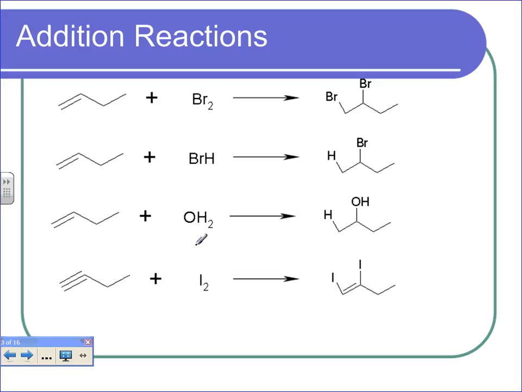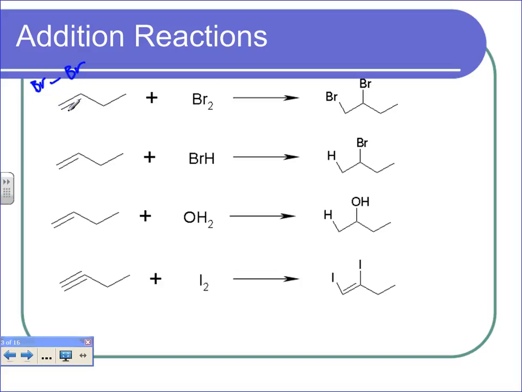So with these examples, in the first one, we've got an alkene, and we're adding bromine to this alkene. So bromine is Br2. When you think about an addition reaction, you want to think about this molecule approaching the double bond. The double bond is a highly reactive center.